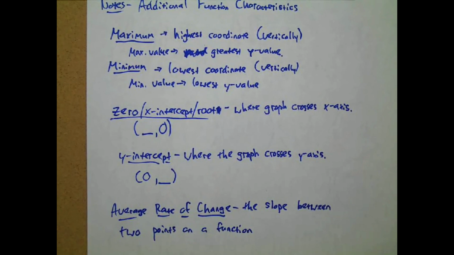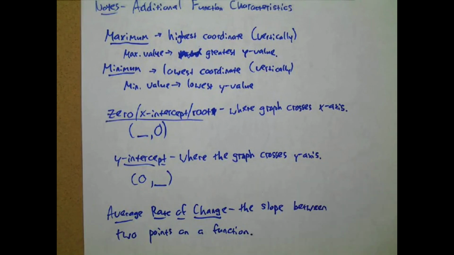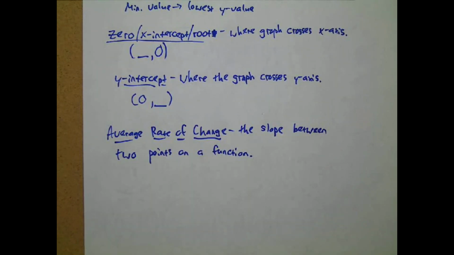So you find the slope between the 2 points on a function. This allows us to find the average slope, an approximate slope, of any kind of function. Before, you guys only really ever found slope on a linear function, on a line. But you can find a slope between 2 points on any function now.